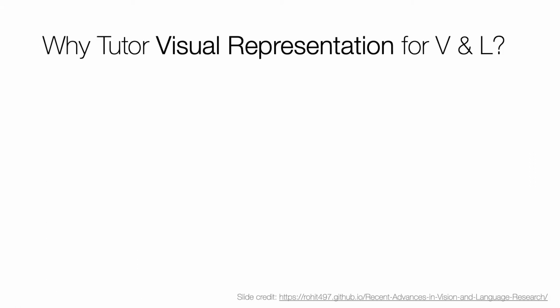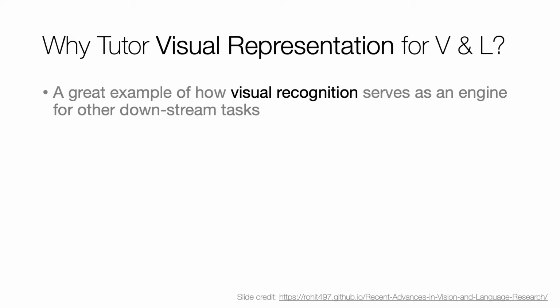To motivate a bit further, there are two reasons why we want to cover this in the visual recognition tutorial. First, it is actually a great example of how visual recognition tasks beyond ImageNet classification, for example object detection, can serve as an engine for other downstream tasks.